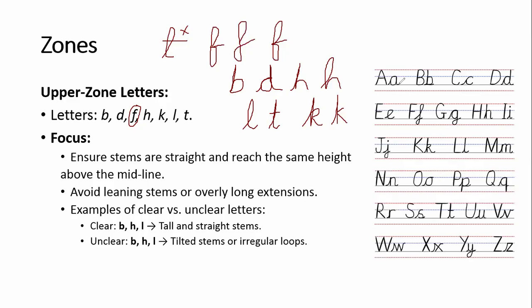From these alphabets only, the other alphabets are formed, such as D, G, P, Q, and so on. So C, O, and A are very crucial alphabets.